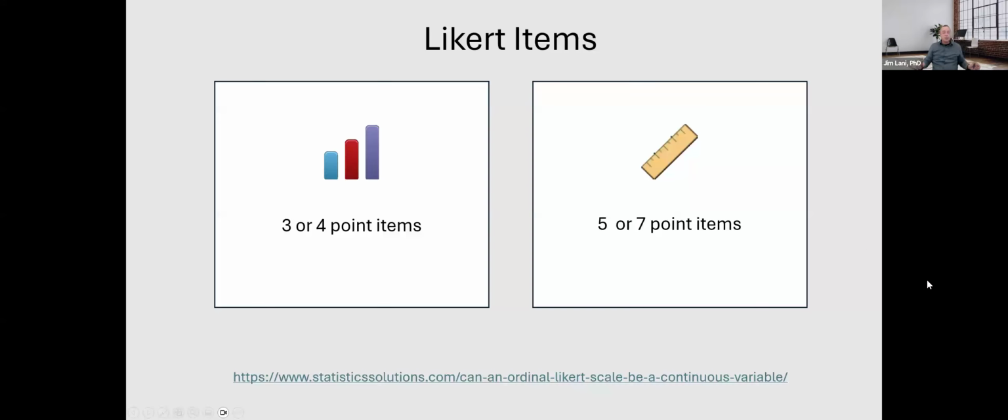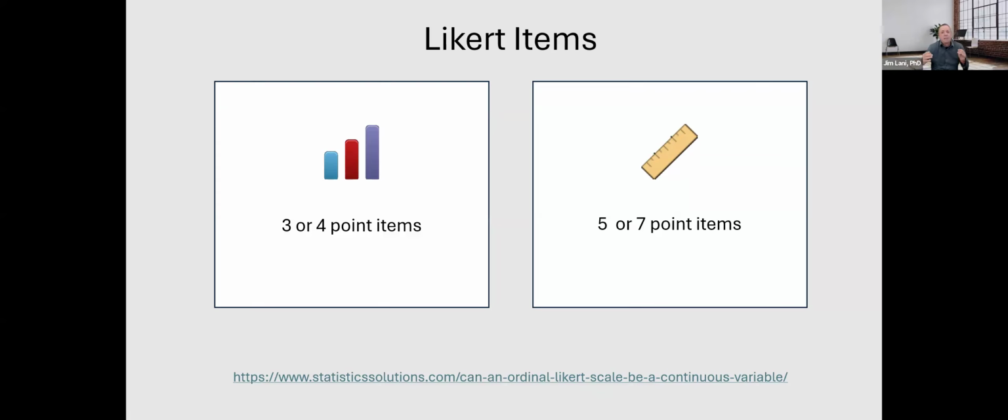A moment about Likert type items. Likert type scales, I think, is the correct pronunciation. People wonder, is it ordinal? I'm talking about things like strongly disagree to strongly agree. These are Likert type items. So is it ordinal or is it scale?